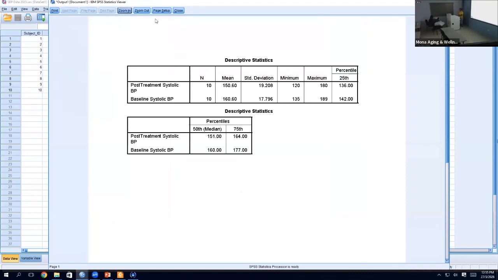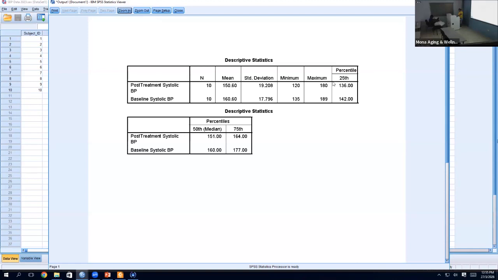So these are our descriptives. The mean systolic blood pressure post-treatment is 150.6 plus or minus a standard deviation of 19.2. And the baseline is 160 plus or minus a standard deviation of 17.8.